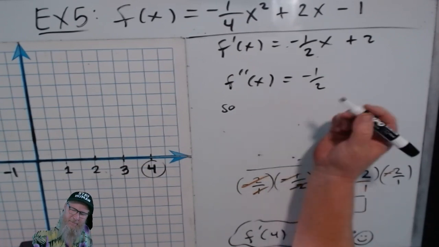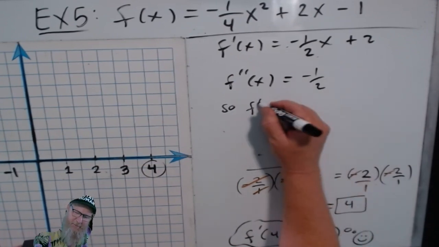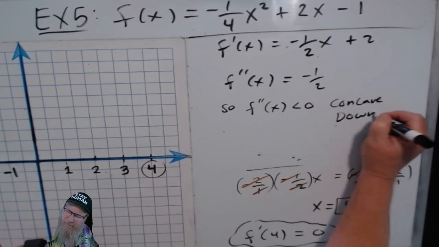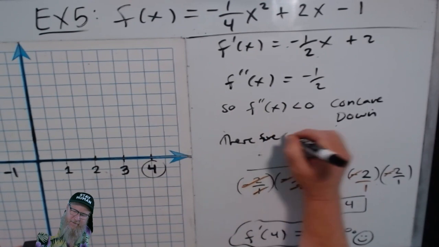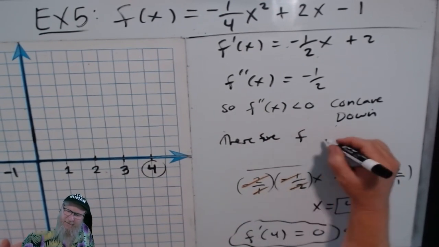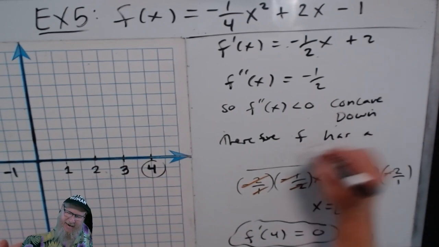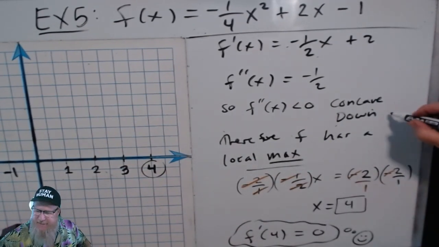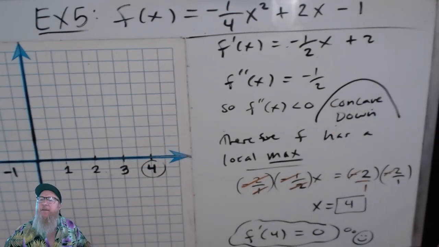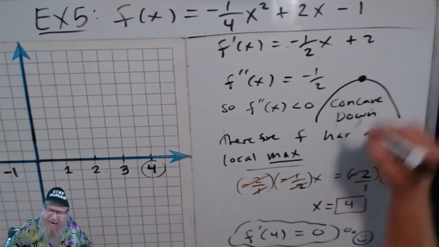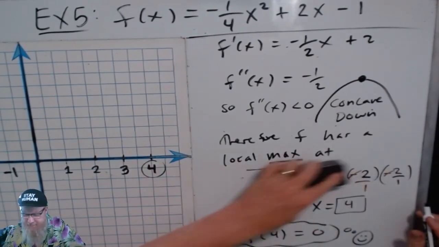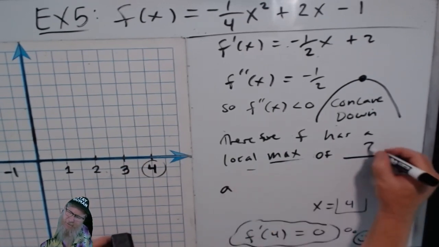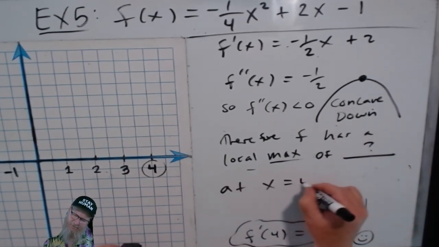So f double prime is negative. That means it's concave down. Therefore, the function has a local max. Concave down looks like this. So it's a local max of blank, I'll put a question mark, at x equals 4.